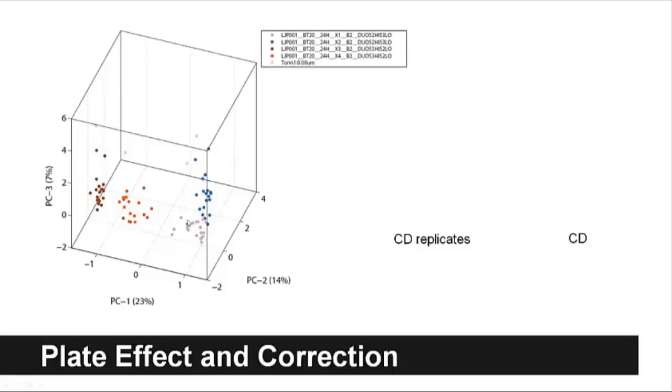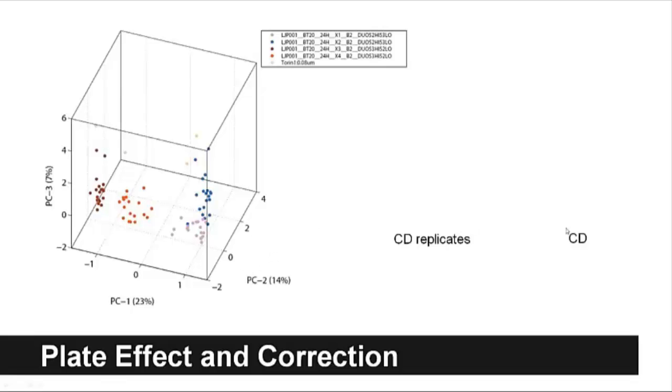These are the control replicates of the third plate, this is the control of the fourth plate, and these dots are the experiments. So we can see there are systematic differences between the data measured on different plates, which certainly doesn't reflect any biology. So we call it the plate effect, and it should be corrected.